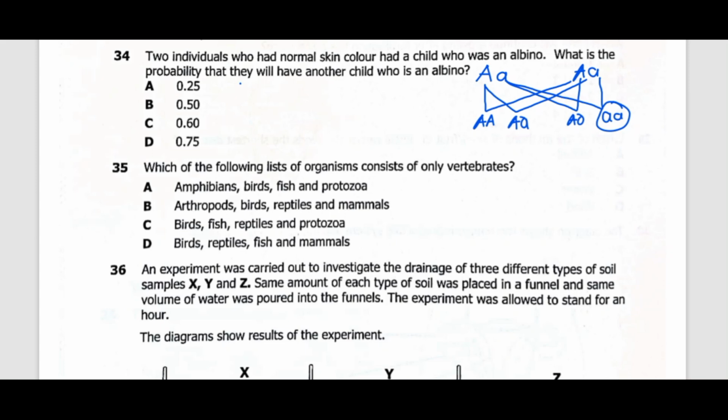So what you do is you say 1 over 4. So we need to divide 4 into 1. It can't, so 0, we put a decimal, we add a zero here. So 4 into 10 is 2, remainder 2. Then 4 into 20 is 5. So the chance is 0.25.